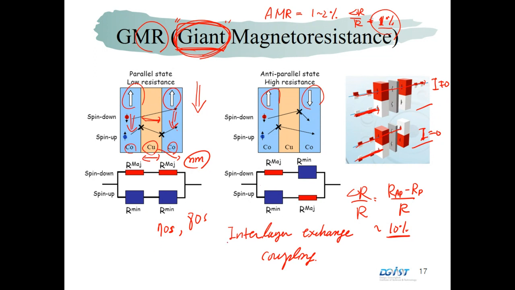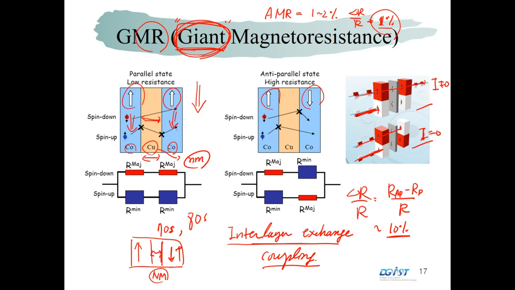Because of the interlayer exchange coupling, if we have two ferromagnetic layers sandwiched by a non-magnetic material, there is some coupling. Depending on the materials and the thickness, sometimes they prefer the anti-parallel configuration, or sometimes the parallel configuration.